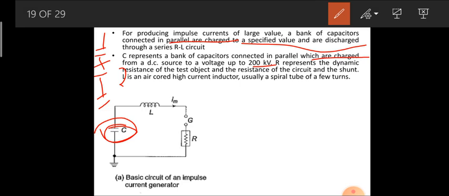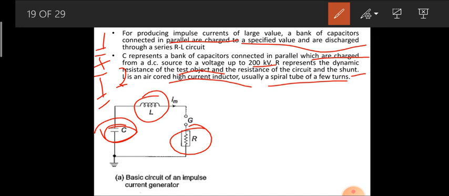R represents the dynamic resistance of the test object and the resistance of the circuit and the shunt. L is an air-cored high current inductor, usually a spiral tube of a few turns.